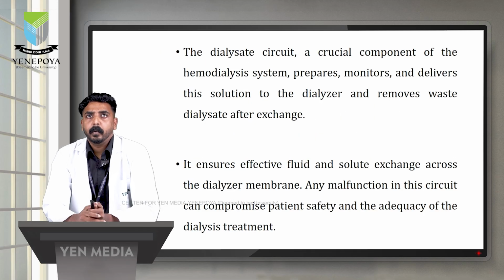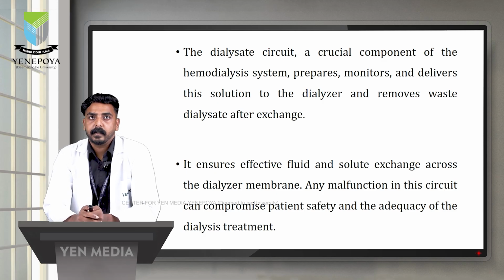The dialysate circuit is a crucial component of the hemodialysis system. It prepares, monitors and delivers this solution to the dialyzer and removes waste dialysate after exchange. It ensures effective fluid and solute exchange across the dialyzer membrane. Any malfunction in this circuit can compromise patient safety and the adequacy of the dialysis treatment.